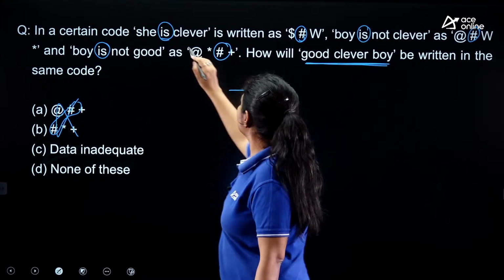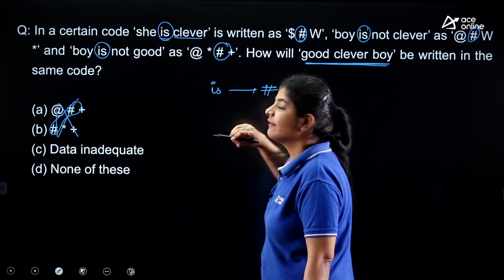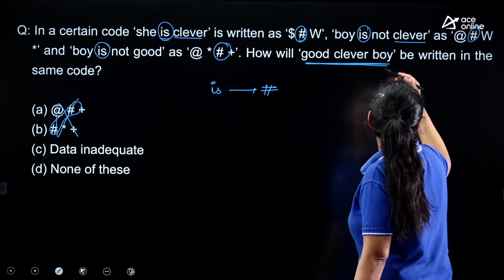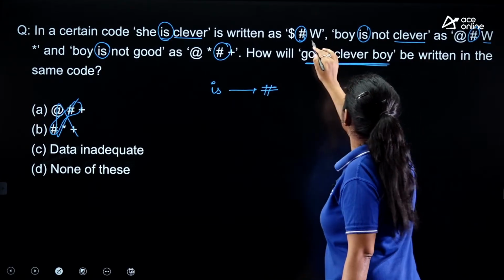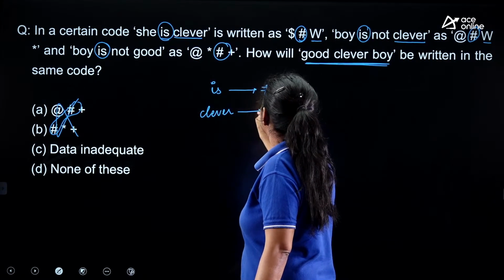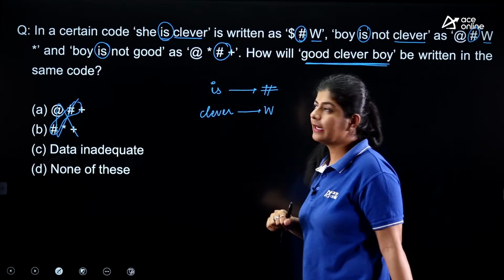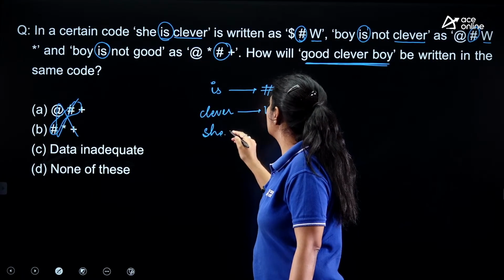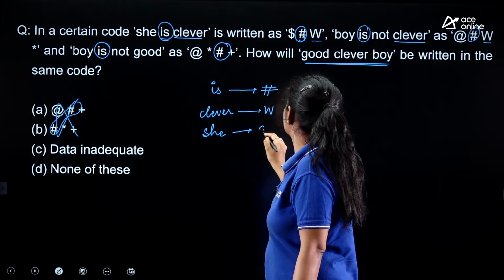In the next one, we can see that here we are having clever and here as well we are having clever, right? And the common code that we are having is W. So for clever, we need W, right? So in this clue, we are only left with 'she' and the only code that is dollar.